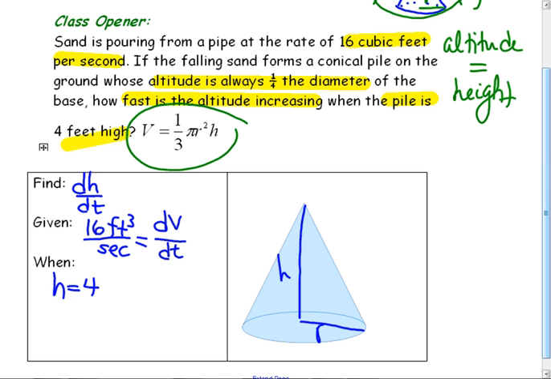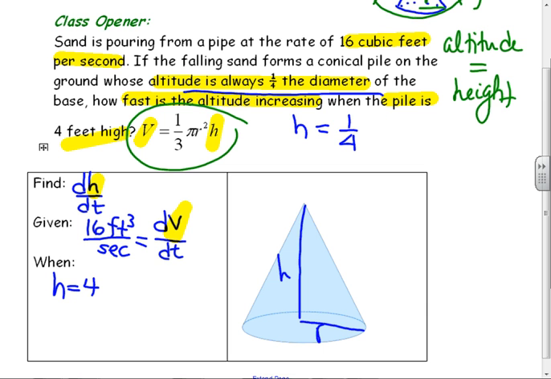So here's the secret to doing these problems, at least in my mind. I look at the diagram, but I look also here at V and H, and that's what I want to keep in my formula. I want to get rid of R squared. That's my goal. Now I'm going to take this statement right here: the altitude is always 1/4 the diameter. That's an equation.